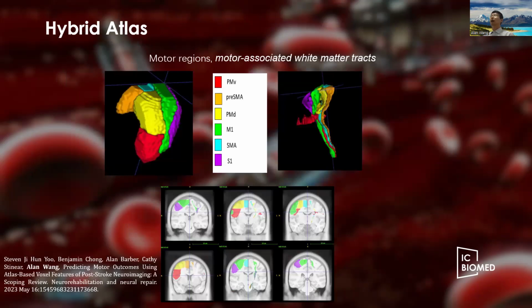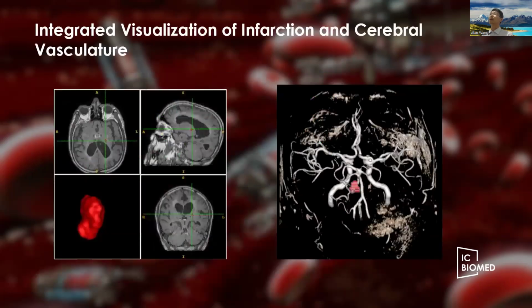The atlas could be based on the gray matter and the white matter information. Even the fusion of the gray matter and the white matter information, we can put them together. We call this kind of atlas a hybrid atlas. This atlas is utilized to analyze stroke lesions.